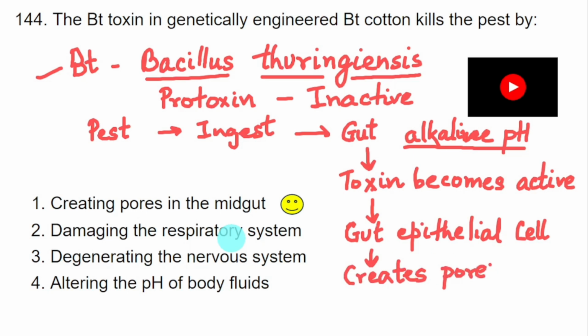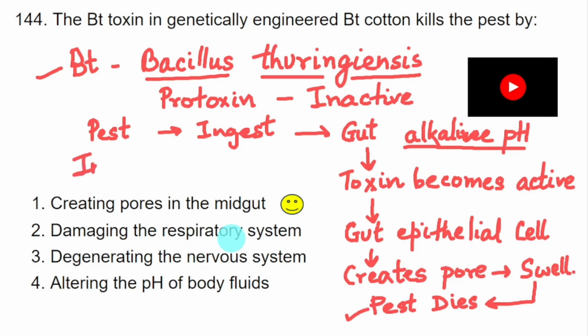So the fluid will enter in the cell and cells will swell up. And then eventually the cell dies. And the cells die and the pest dies. So this is the mechanism how the toxin is insecticidal.